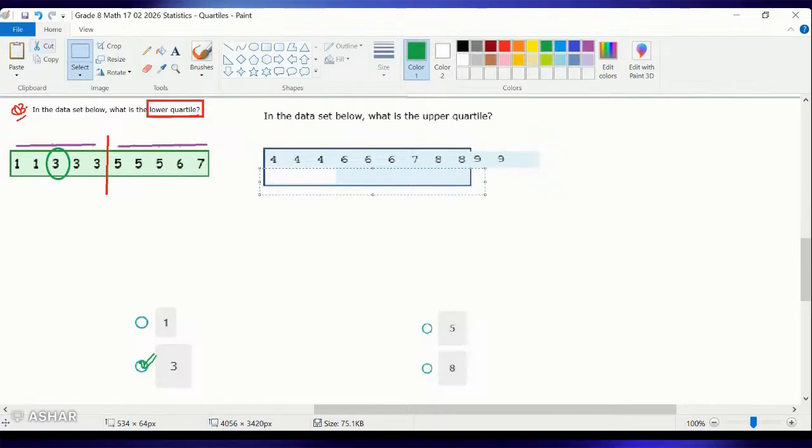So what is the upper quartile for question number 4?